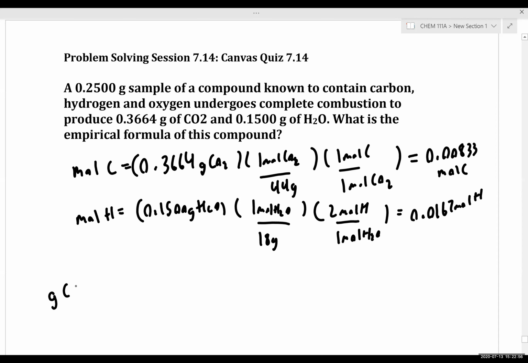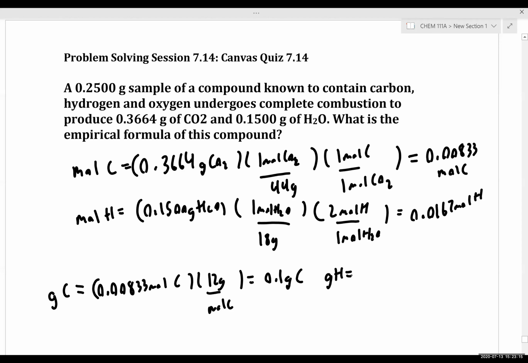We can then calculate the grams of carbon by taking our moles of carbon times the molar mass, which is 12 grams per mole of carbon, which gives us 0.1 grams of carbon.